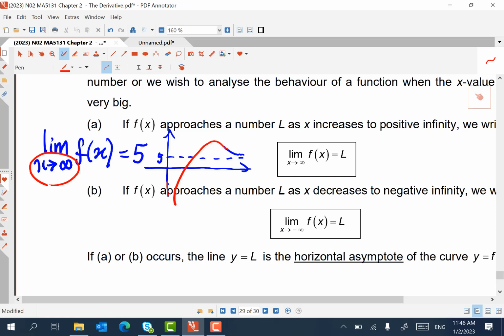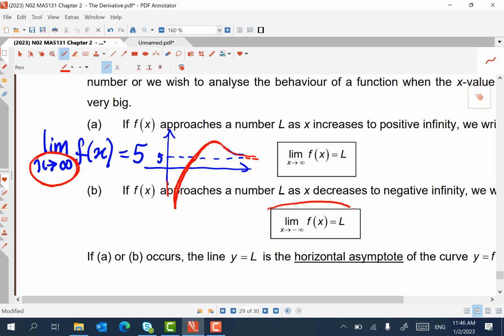I was asking the class, how come it is still an asymptote even though it cuts? Because this kind of asymptote only works for large x, when x is very, very large. When x is not that large, it's okay to cut. And that gives students peace of mind.